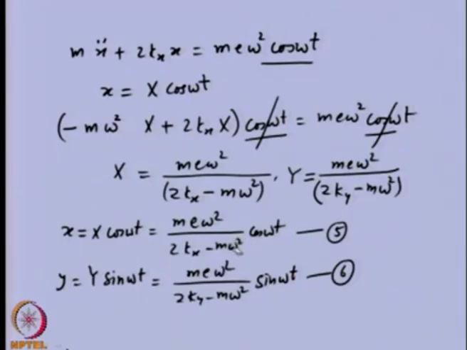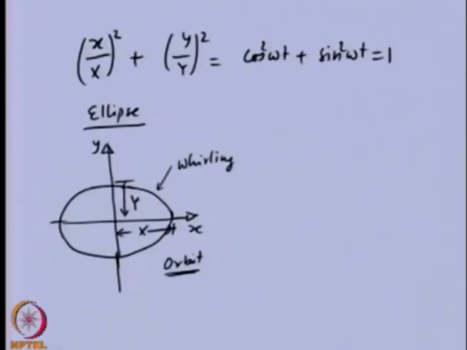If we are increasing the speed continuously and we find that this denominator becomes 0, we can write that separately: 2 kx minus m omega square is equal to 0. That is a particular speed which we call the critical speed, and that critical speed will be given as root 2 kx by m.